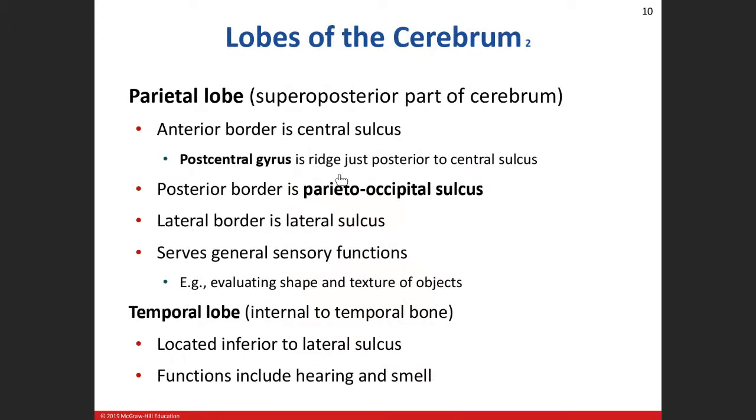The parietal lobe starts with that post-central gyrus that sits right behind the central sulcus, and it'll extend all the way back to the occipital lobe, from which it is divided by the parietal occipital sulcus. And then if you travel down to the lateral portion of it, it'll end on the lateral sulcus.